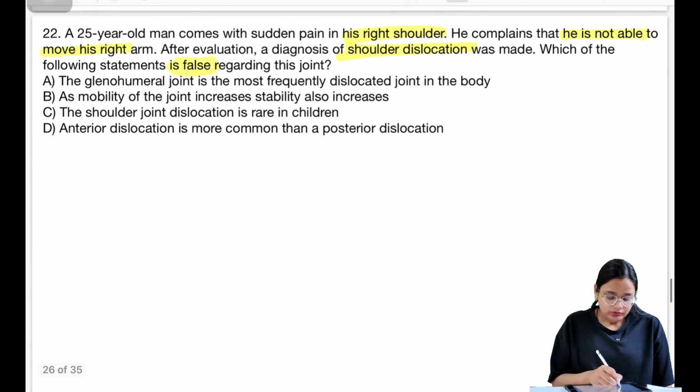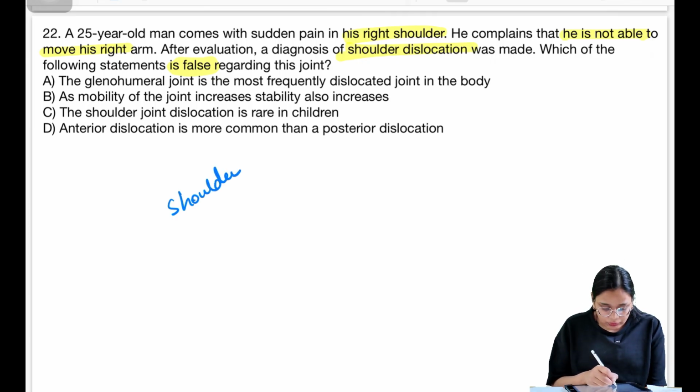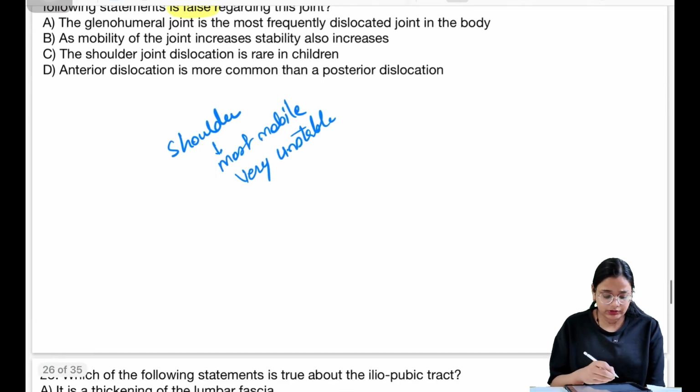The shoulder joint, also known as the glenohumeral joint, is the most mobile joint of the body, okay, and very unstable. The ratio is 1:4, meaning the head of the humerus is 4 times larger than the glenoid cavity. So that's why it is very unstable.